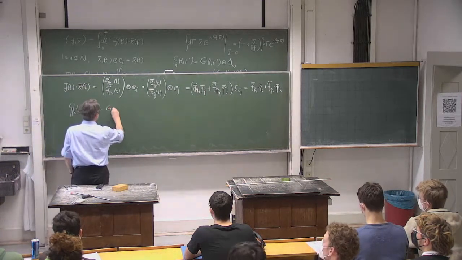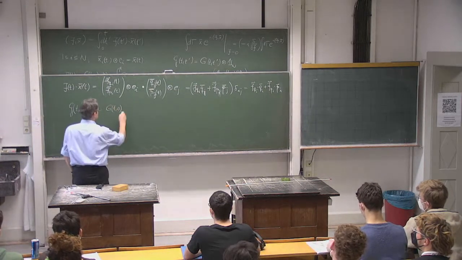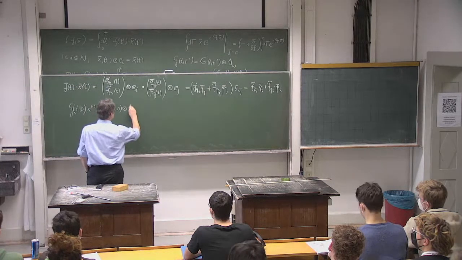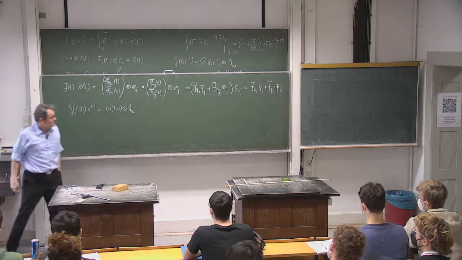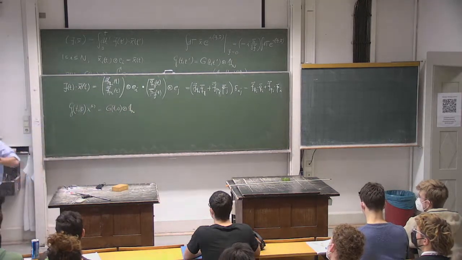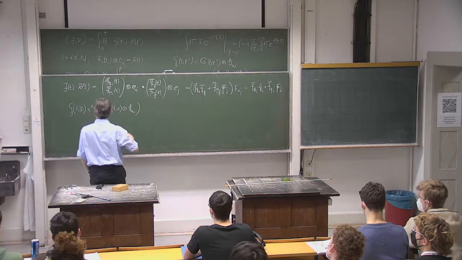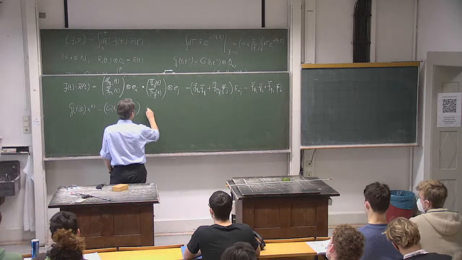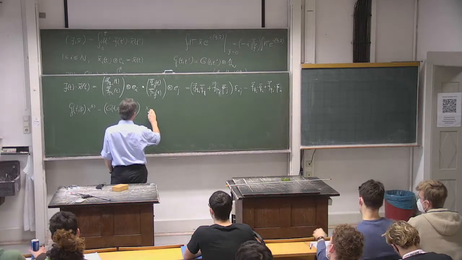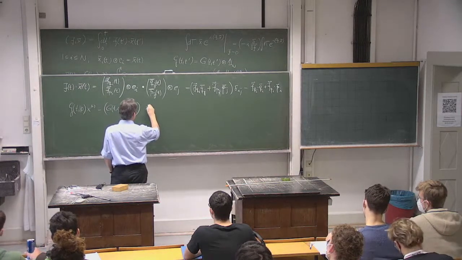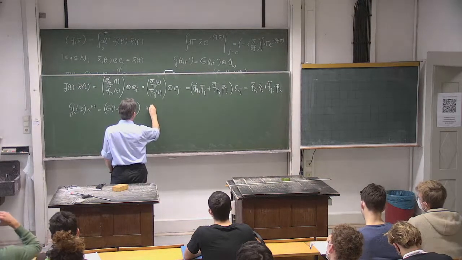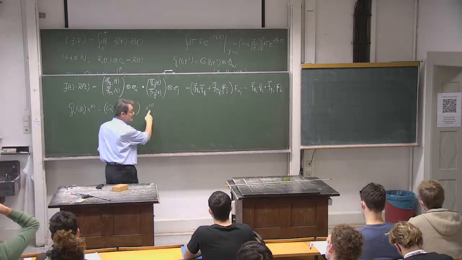So this is G of t and 0 times a unit matrix representing all the particles times the phase space position of the ith particle.